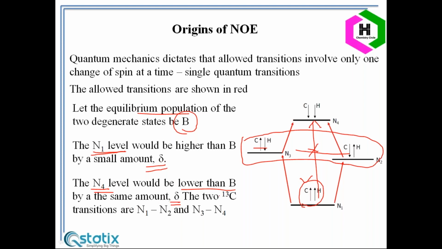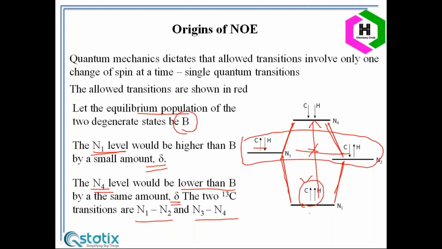Here you have two C13 transitions, that is N1 to N2 and N3 to N2. These are the different transitions you can see here. The N4 level is going to be lower than B, and the N1 level is going to be higher than B. Finally, this signal, this one, and this one give us information.